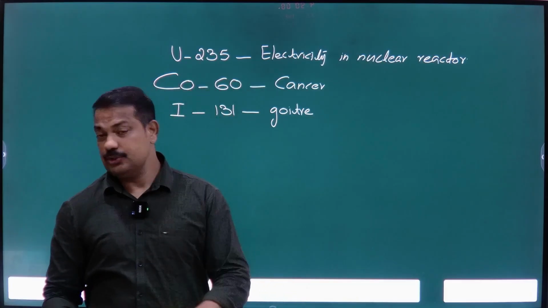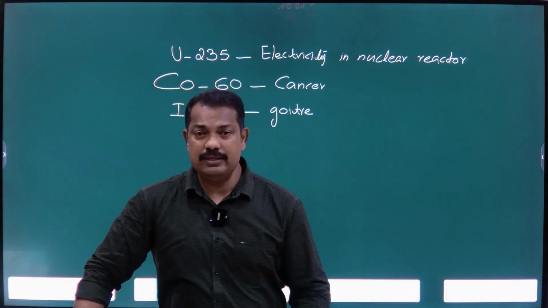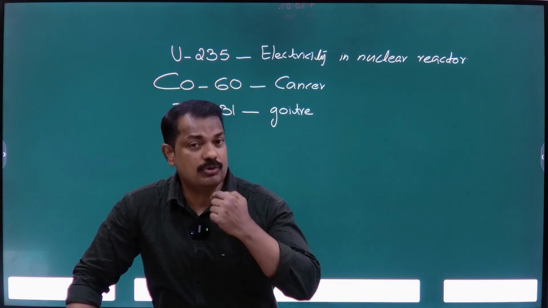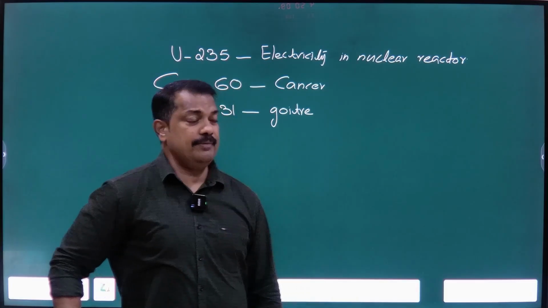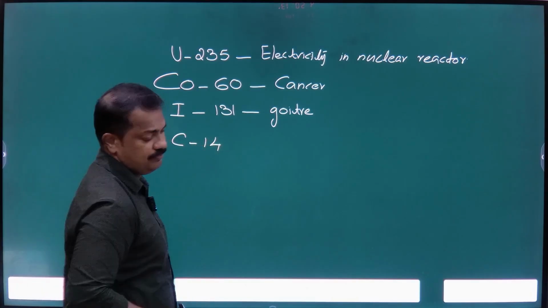Cobalt 60 is used in the treatment of cancer. Iodine 131 is used in the treatment of goiter. And one more, carbon 14.